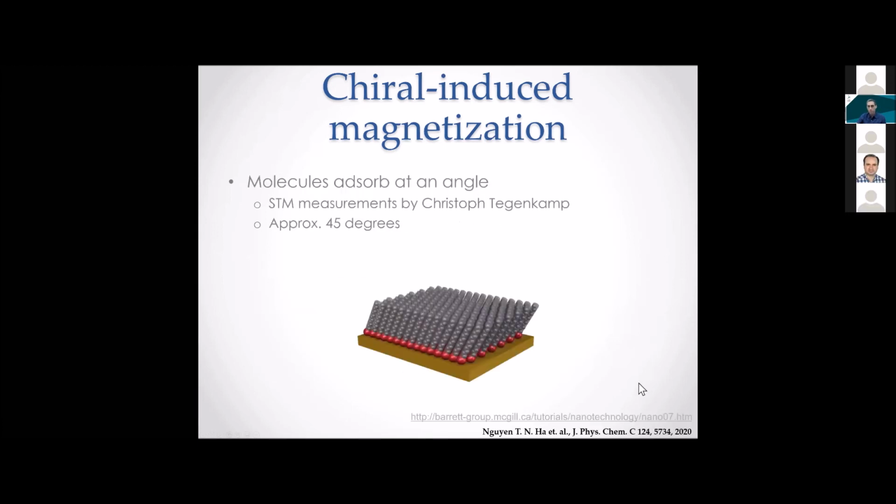Let me just mention that following our preliminary results, other experiments have also been performed in other groups, and specifically STM performed by Christoph Tegenkamp has shown that the specific molecules that we've been using, the alpha helix polyalanine molecules, adsorb on the gold surface at an angle of approximately 45 or 50 degrees to the surface normal. As you'll see in a second, that relates to what we're showing before.